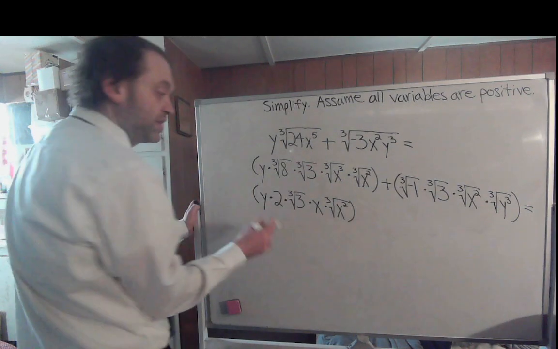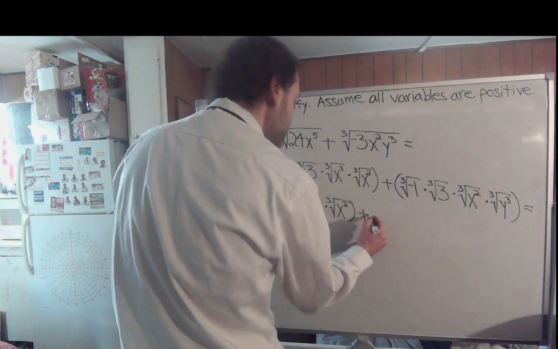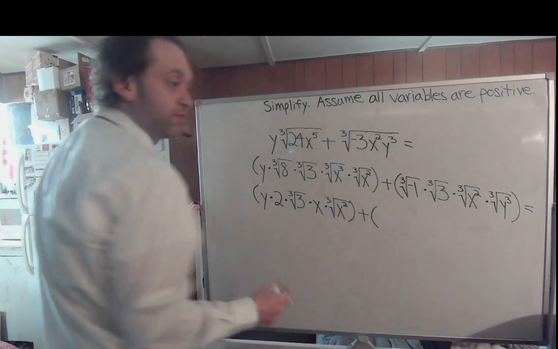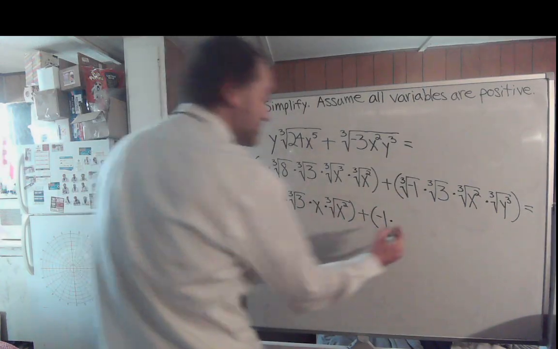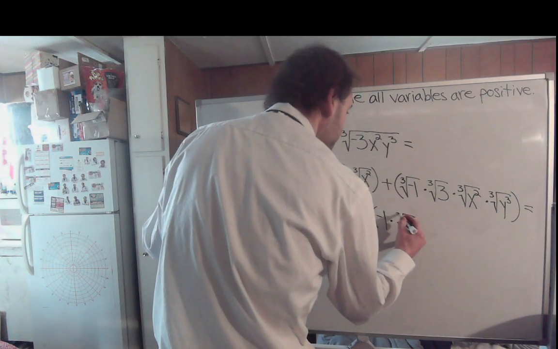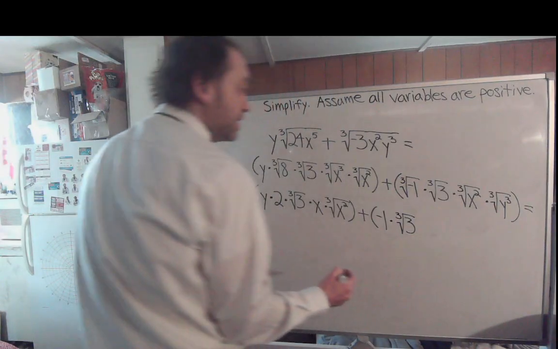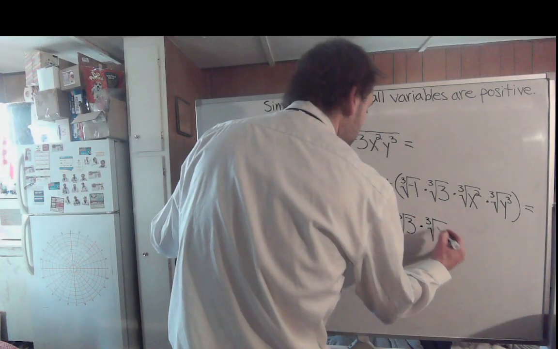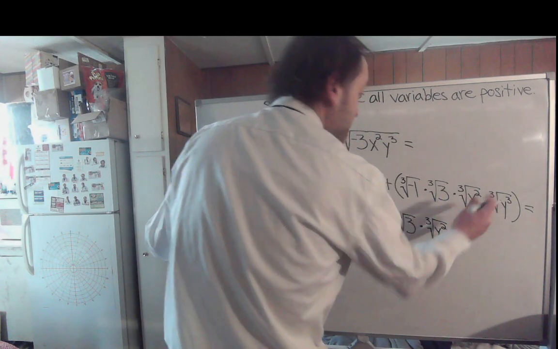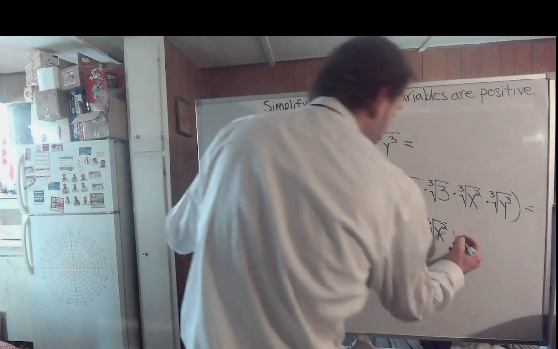So we've simplified this a little bit. Plus, what is the cube root of negative 1? Well, that's just negative 1. Then you'll have times the cube root of 3, which we can't do anything with, times the cube root of x squared, which we can't do anything with. But what's the cube root of y to the 3rd? Well, that's just y.